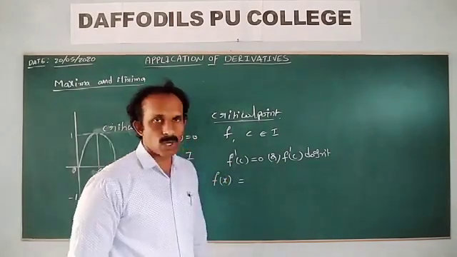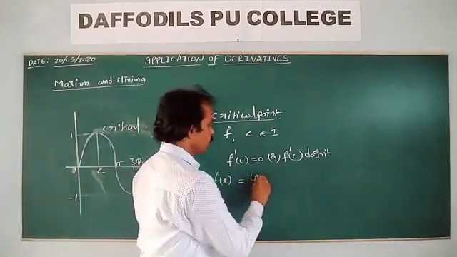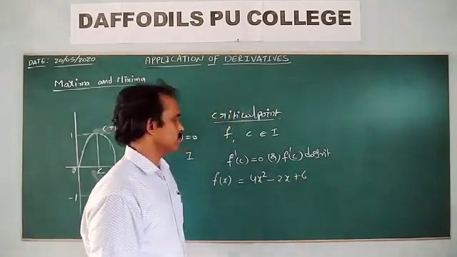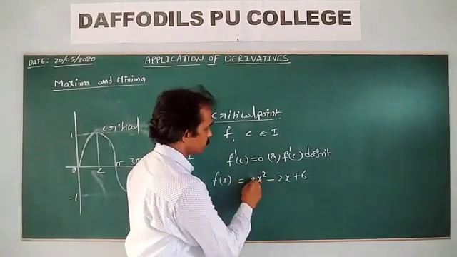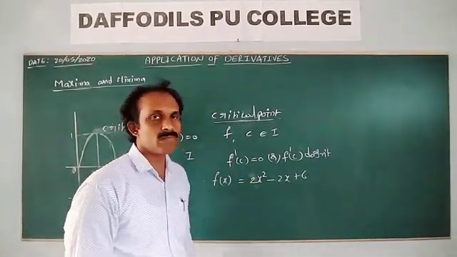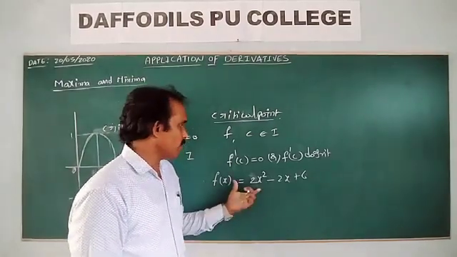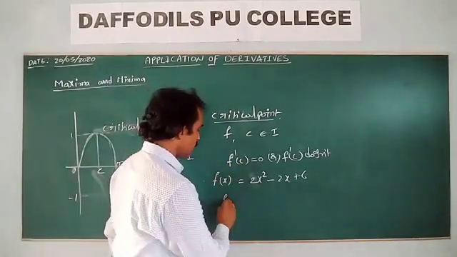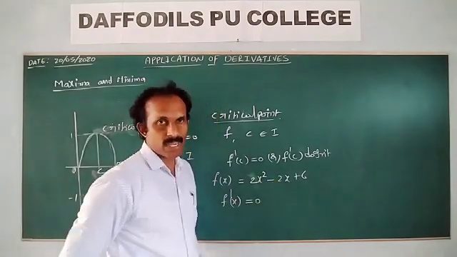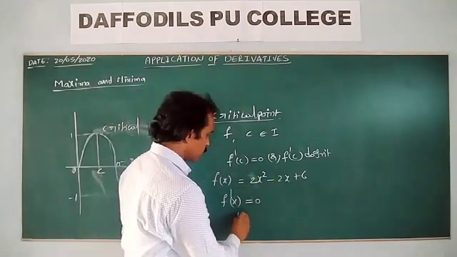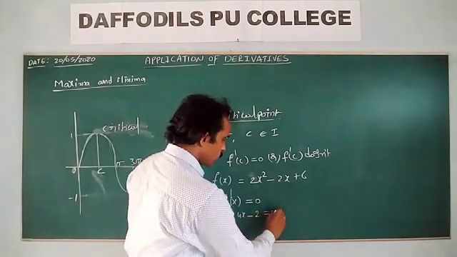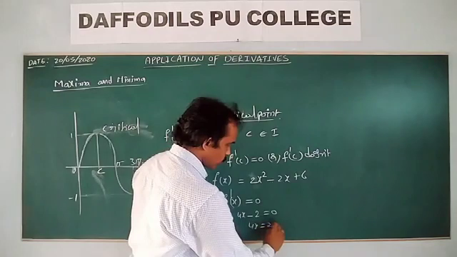Okay, for example, f of x is equal to 2x square minus 2x plus 6. This is the function. For getting the critical point, f dash x is equal to 0. What is f dash x? f dash x is equal to 4x minus 2 is equal to 0. 4x is equal to 2.